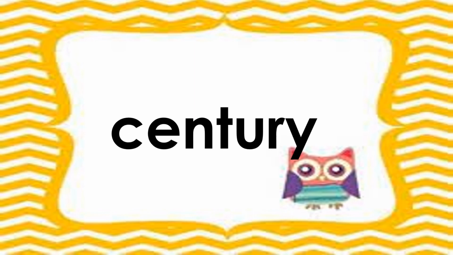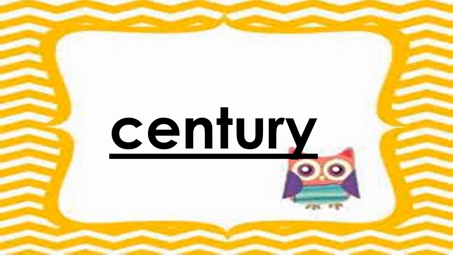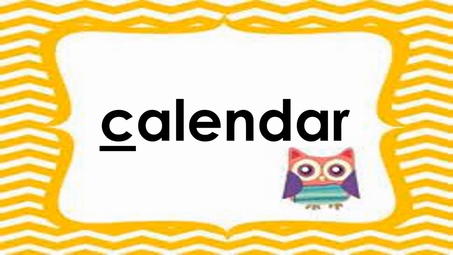Let's spell the word century. C-E-N-T-U-R-Y. Century. Next word is calendar. Now let's spell the word calendar. C-A-L-E-N-D-A-R.